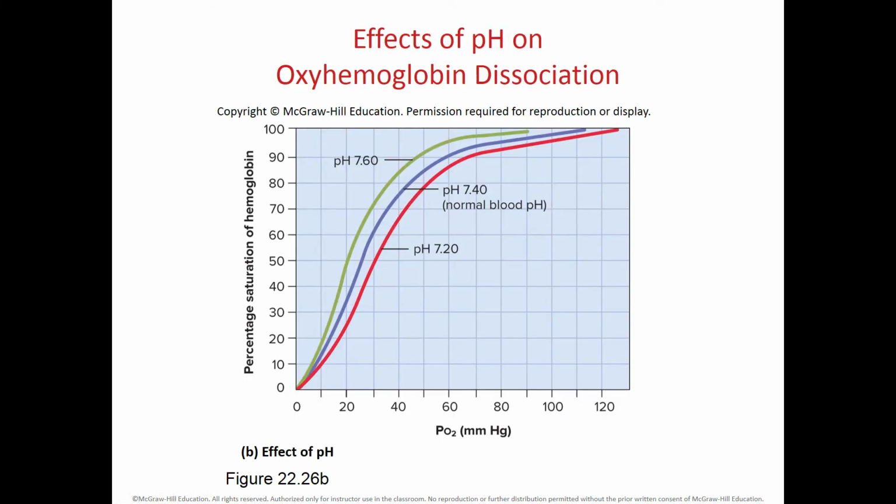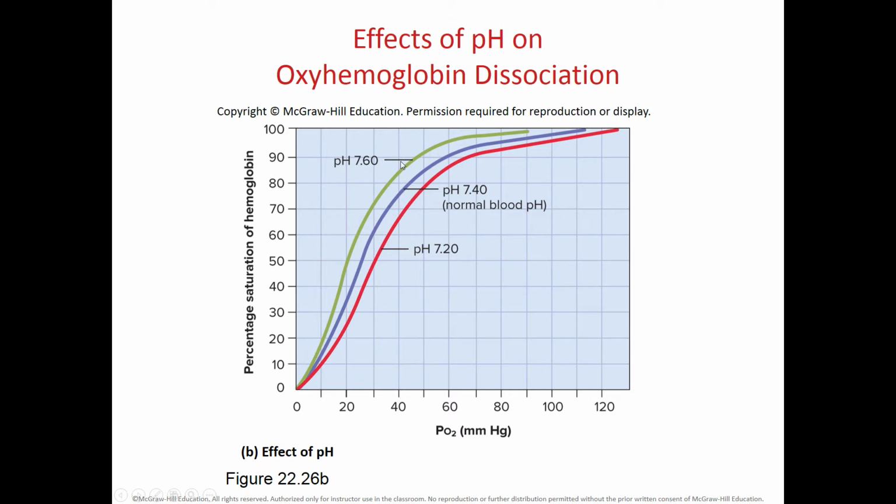The concentration of hydrogen ions, or the pH, also has an effect on the saturation of hemoglobin with oxygen. So our normal pH is between 7.35 and 7.45. So in here they're showing you that at a pH of 7.40 you will have 78% saturation of hemoglobin with oxygen.